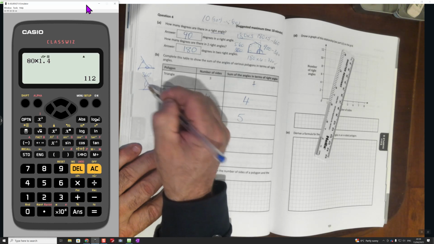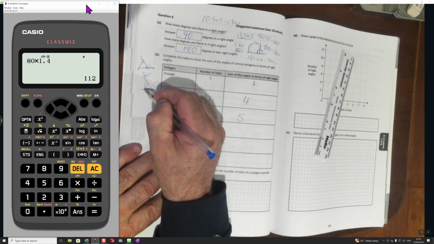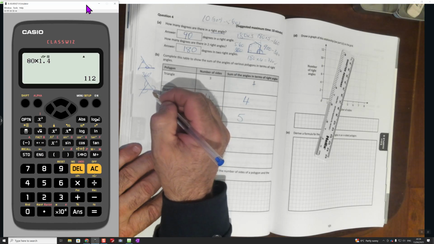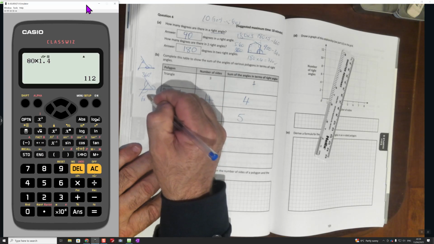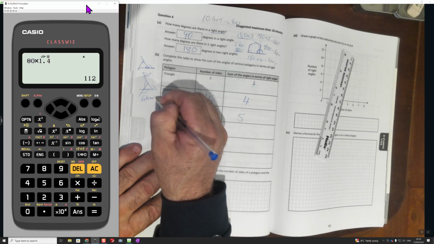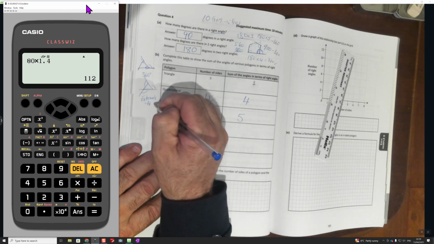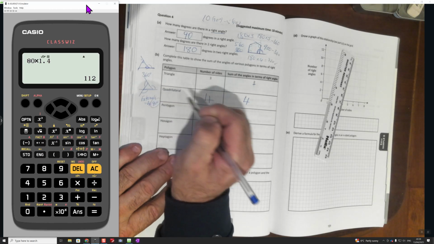Then you would have another 120 here, and then a further 120 here, and you'd be back to where you started. So what it means basically is that your external angle sum is always equal to 360 degrees, or 4 90s.